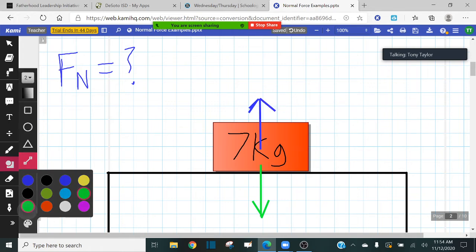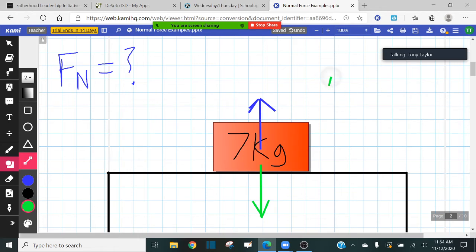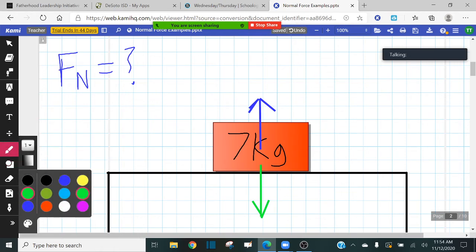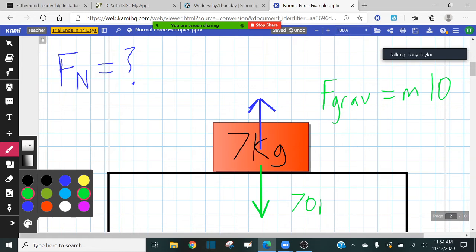So if this force is mass times 10, in other words, 7 kilograms times 10 gives me 70 newtons. And that's a negative, just so you know, because it's pointed downward. If that's a negative 70, that means the normal force here has to be a positive 70. So that's how you find a normal force in that situation.